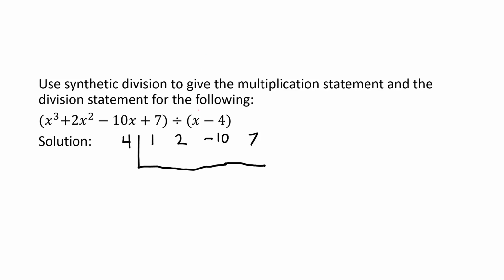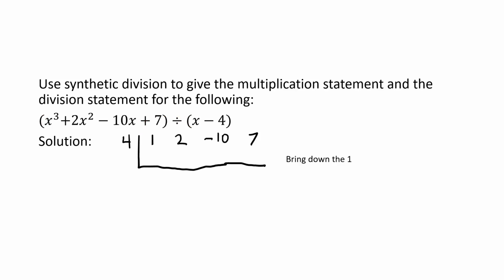So again, x minus 4 means we put a 4 to the left of the synthetic division lines, and 1x cubed plus 2x squared minus 10x plus 7 means we put a 1, a 2, a negative 10, and a positive 7 to the right.